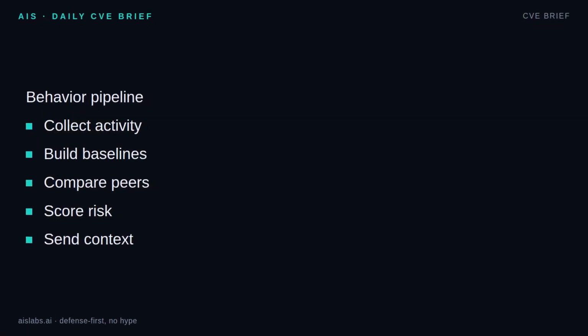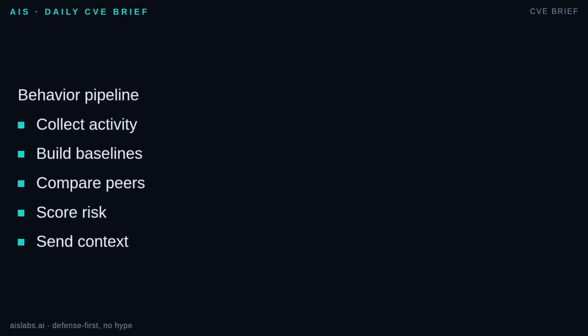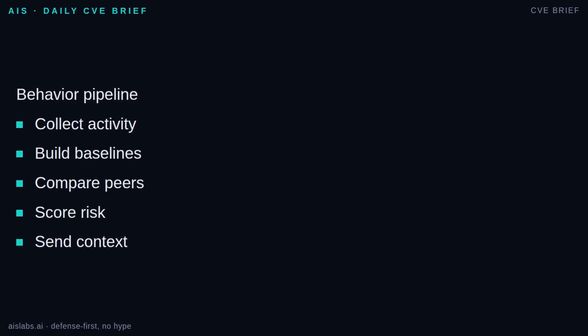Mechanically, UEBA starts with data. Authentication logs, endpoint events, network flow, DNS, cloud audit logs, directory data, and asset inventory all matter. Next, it builds baselines. When does this service account run? Which systems does this server usually contact? What DNS names does this printer resolve?